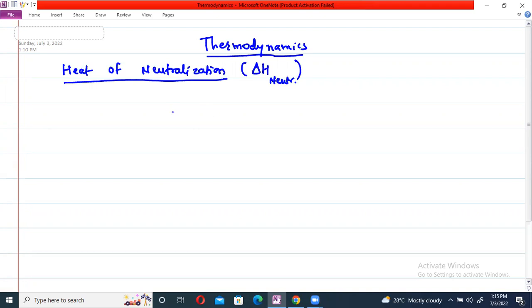How to calculate the heat of neutralization? The heat of neutralization is when one equivalent of strong acid combines with one equivalent of strong base, it liberates a certain amount of energy. That liberated energy is called the heat of neutralization.